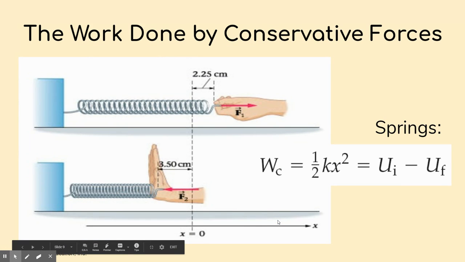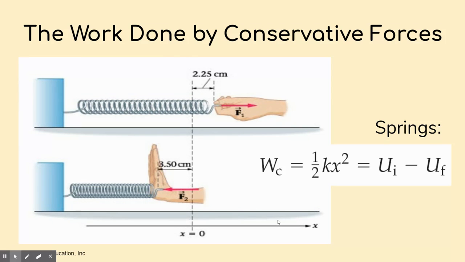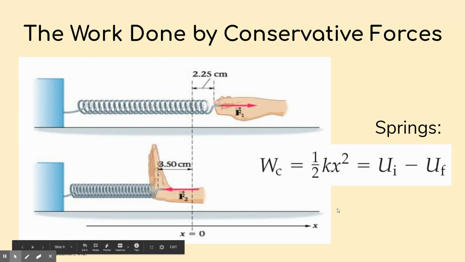We can also look at this in terms of springs. So this is true with conservative forces only. And when a spring is stretched from its equilibrium position, where work is equal to 1/2 kx squared, if we actually let it return to its equilibrium position, it's going to do the same amount of work going back.